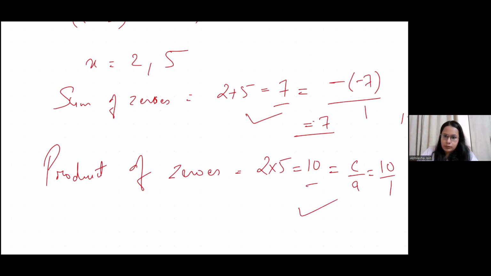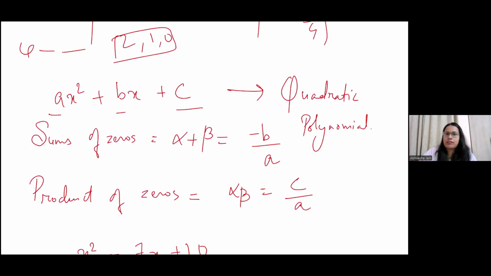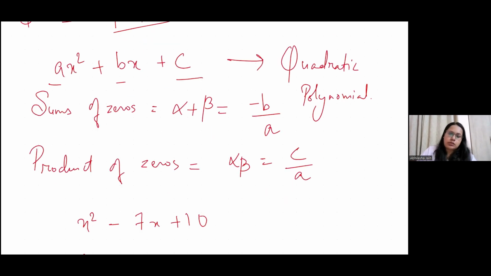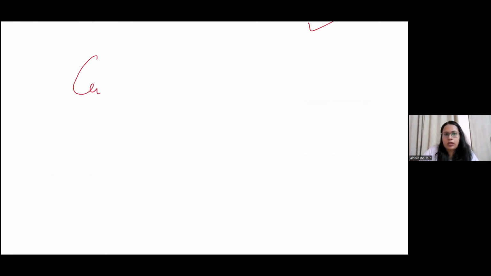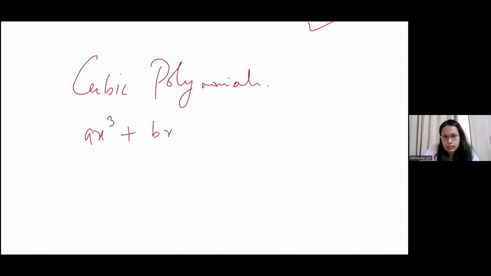So for a quadratic equation, we have a relationship between coefficients and zeros. The sum of zeros is equal to negative b over a, and the product of zeros is c over a. Now, similarly for cubic polynomials. What is a cubic polynomial again? ax cubed plus bx squared plus cx plus d, right?